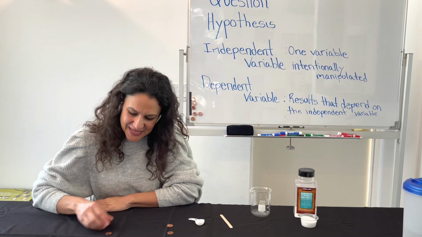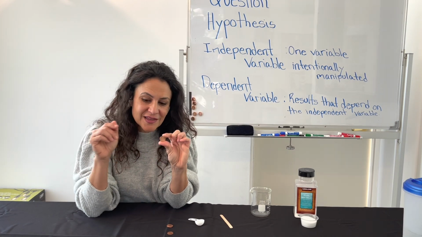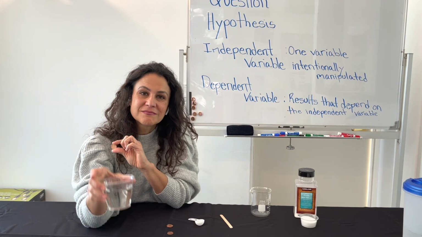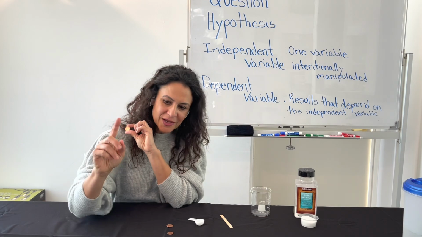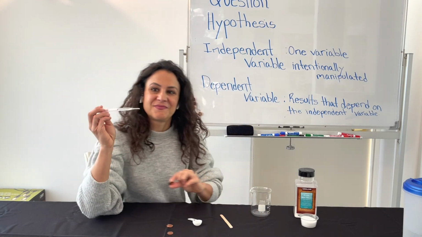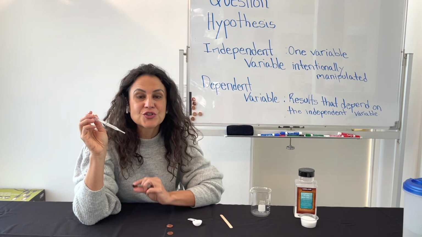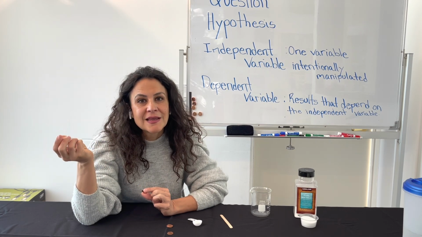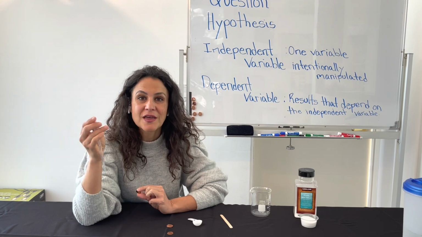No, because we all used a penny. We all used regular room temperature water. We all used the same tool to dispense our drops. We didn't change anything from one person to another.